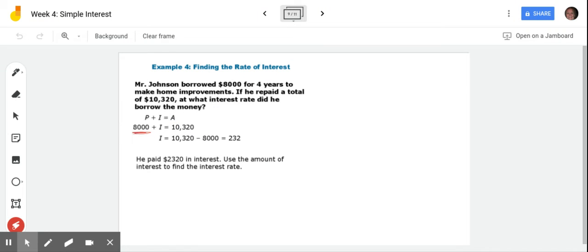So the principal is 8,000, they told us that. The total amount was 10,320. To find the interest, you have to subtract them, and that's how we know that he paid $2,320 in interest.